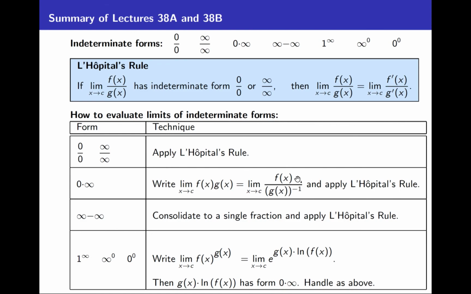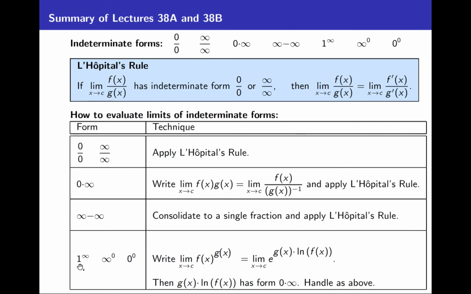And when you do that, you will have form 0 over 0 or infinity over infinity, and you can apply L'Hopital's Rule to that. If you have the indeterminate form infinity minus infinity, try to consolidate that limit, or what you're taking the limit of, into a single fraction and apply L'Hopital's Rule.